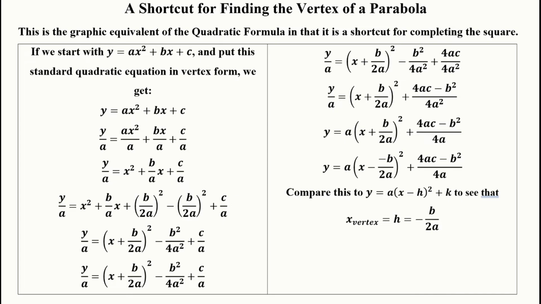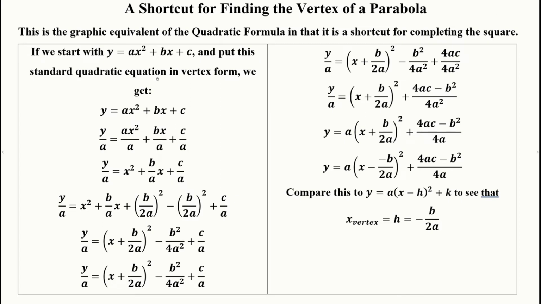Now, if you recall, when we were solving quadratic equations by completing the square, it occurred to us at some point, hey, why don't we just take the equation ax squared plus bx plus c equals 0 and solve it by completing the square in a general form, and then see if we can come up with a formula to help us act more efficiently. And in fact, when we did that, we ended up with the quadratic formula.